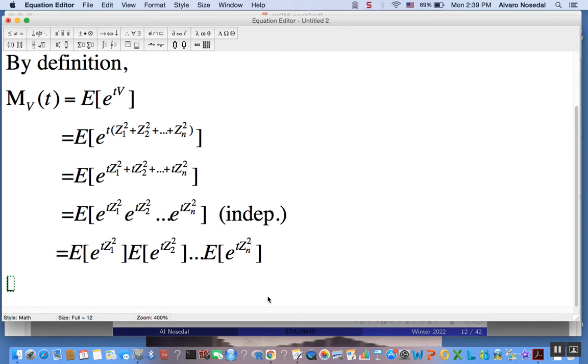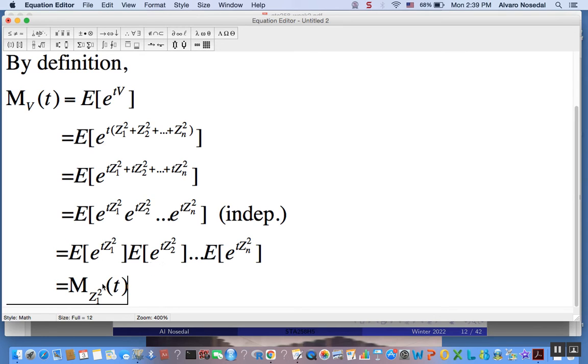Now that will be very useful, because if you take a look at that expression, that is, by definition, the moment generating function of Z1 squared. So this is the MGF of Z1 squared evaluated at t.